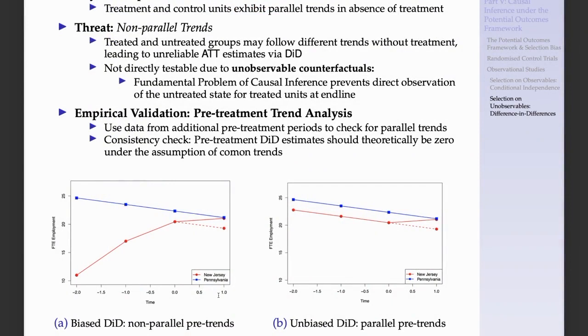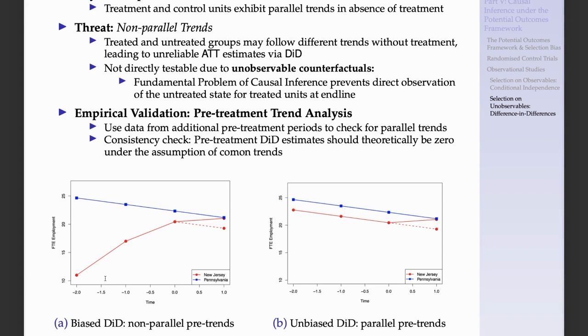And if we have more pre-treatment time points, so for example, we have -2, -1.5, you can think of it as a year before the baseline and half a year before the baseline, and similarly on this side. So if we end up having parallel trends up to the baseline point, because after the baseline we'll have the treatment, then we're fine. So that gives us some evidence that we do have parallel trends.